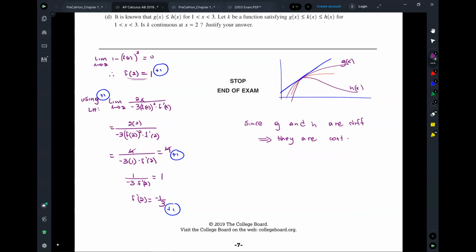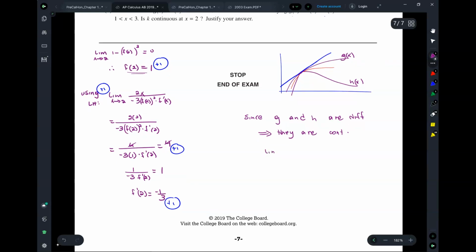So since they're continuous, the limit as x approaches 2 of g of x is equal to g of 2, which is 4. And the limit as x approaches 2 of h of x is the same as h of 2, which is 4.